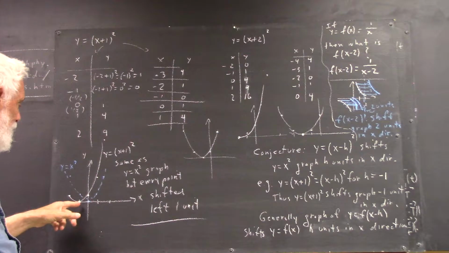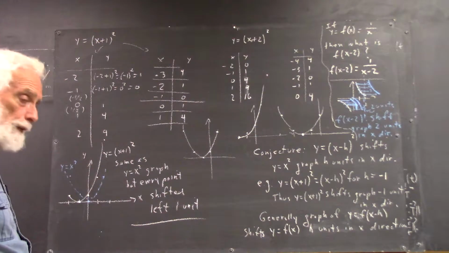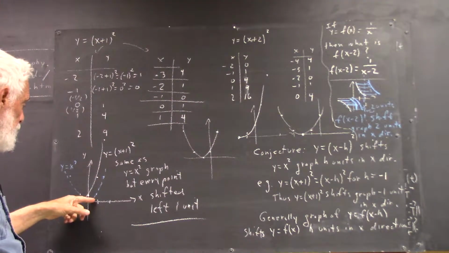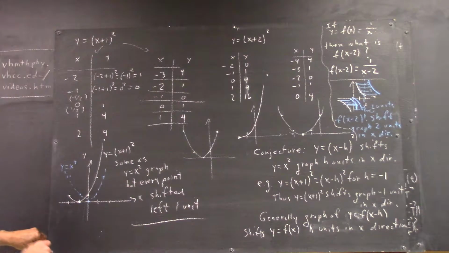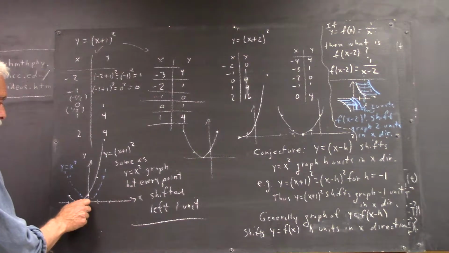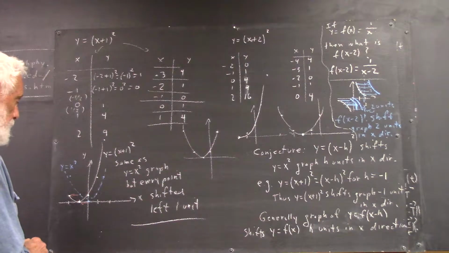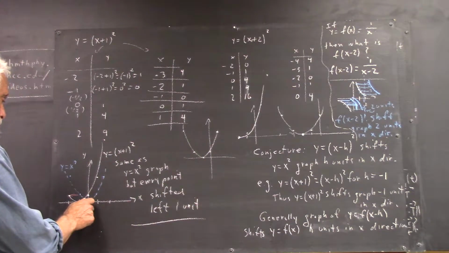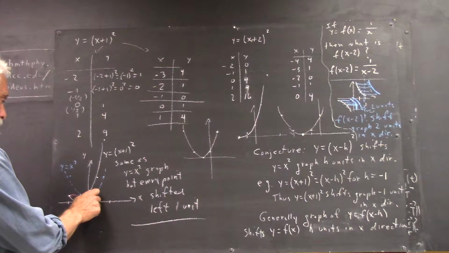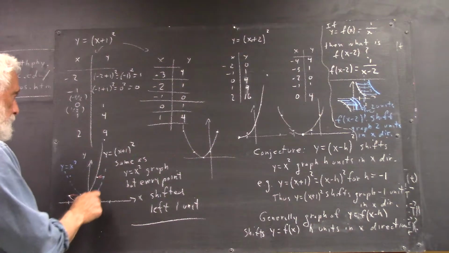So, how does this graph compare with this graph? Well, every point of this graph shifted 1 unit to the left gives you the point of this graph, okay? We have this point shifts 1 unit to the left, this point.